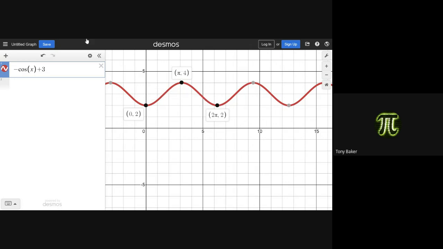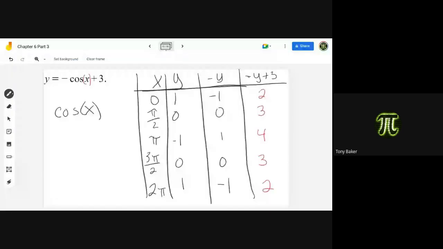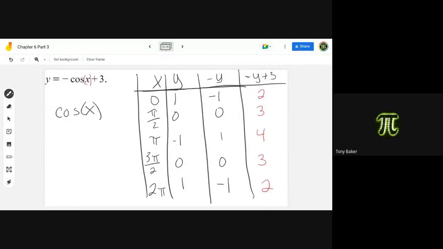Why do you send the negative back to the Y? Because it's not inside parentheses with the X. So in essence, remember, I'm saying my parent function is cosine of X, right? What am I doing to that function?